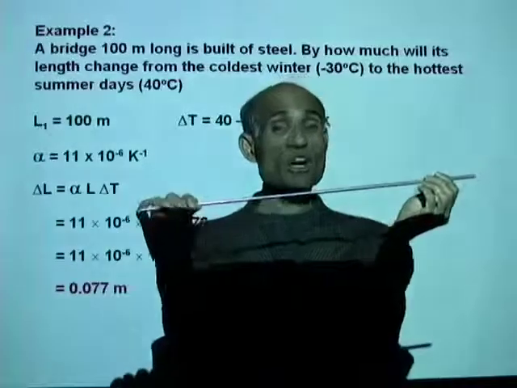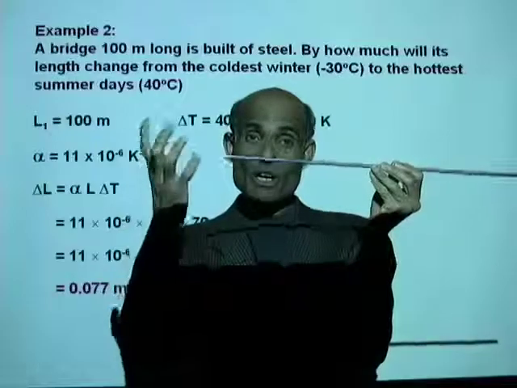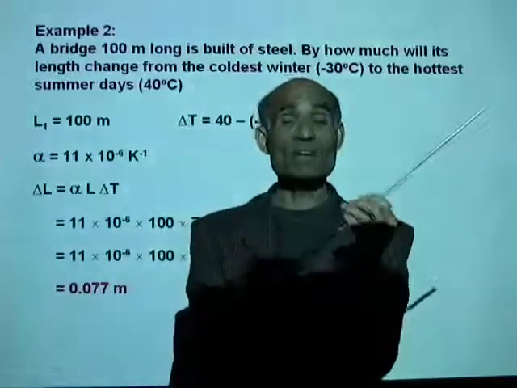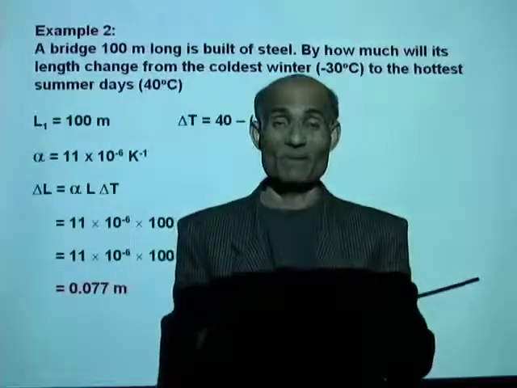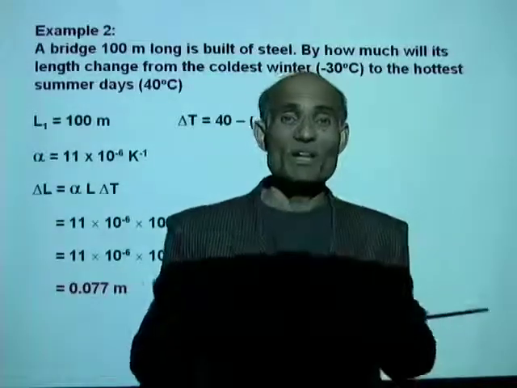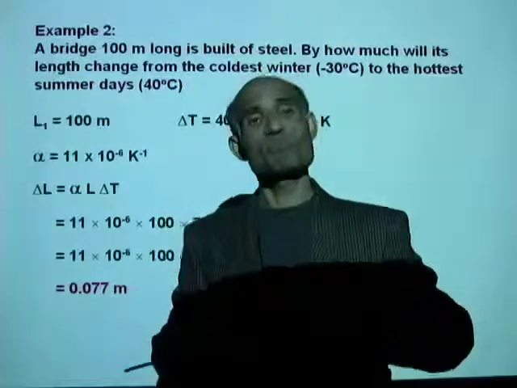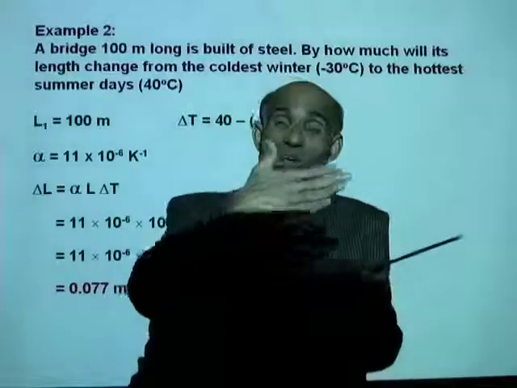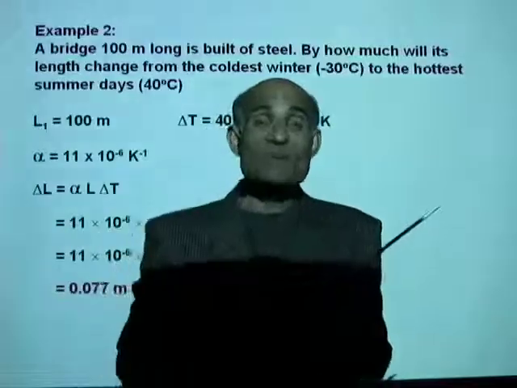If expansion is not taken care of, rails expanding against each other will buckle and then derail the train, can cause great accidents. If you look at your driveway, when concrete slabs are placed to build your driveway, do we make one full concrete slab for the whole driveway? No, we don't.